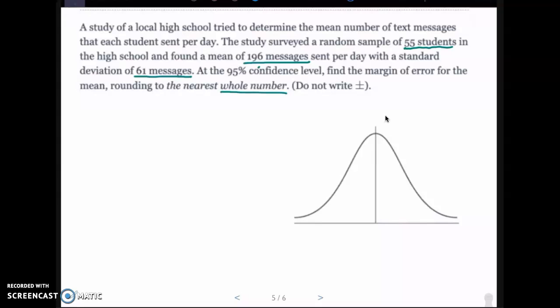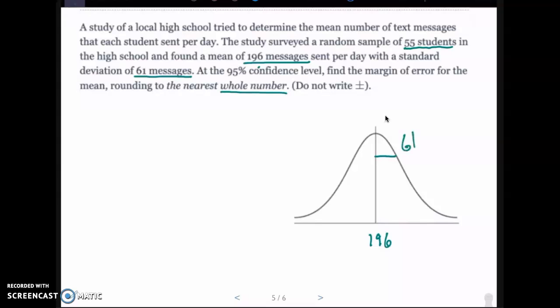This is interesting because it says round everything to the nearest whole number. So this is a little different. You're going to do a little bit of delta math like this too. In order to find the standard deviation here, the mean was given to me, 196, so I'm going to put 196 in the middle. The standard deviation is going to be 61 text messages.